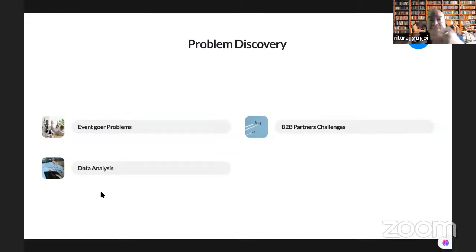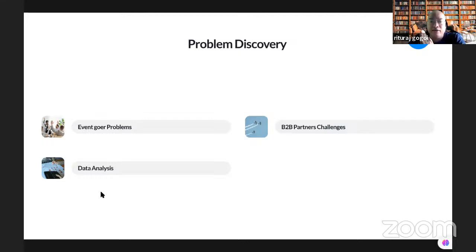So we also analyzed that data to get a more informed idea about the users. And for this, we used Power BI majorly, and also the good old Excel for data analysis.